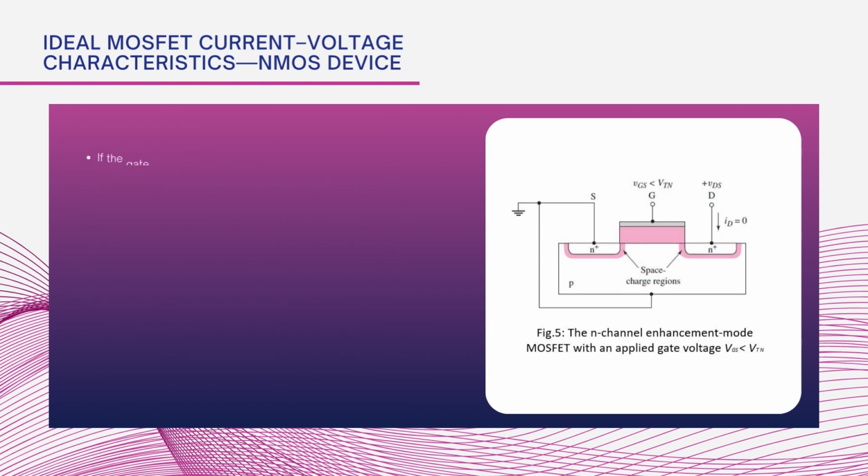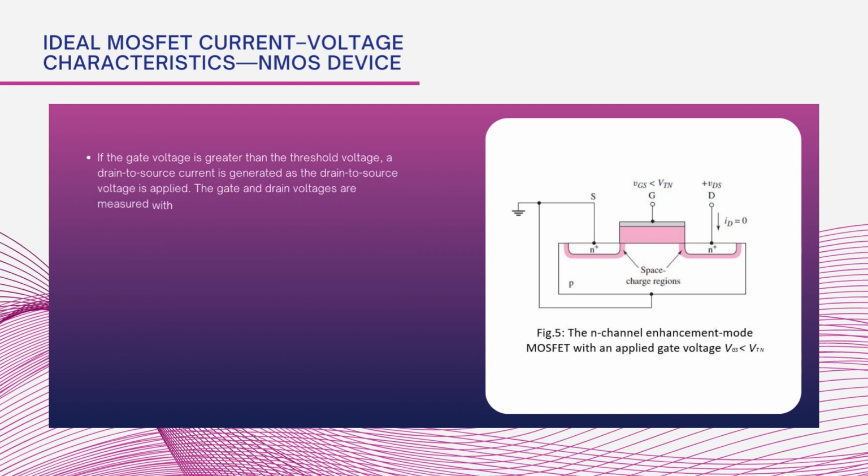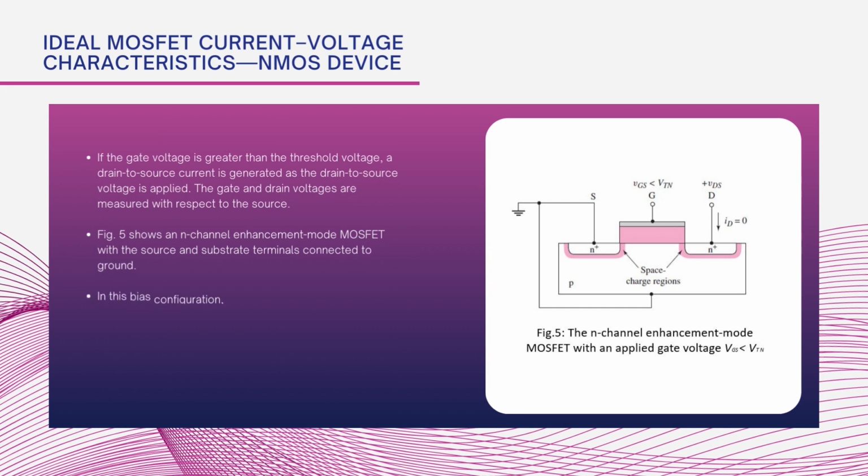If the gate voltage is greater than the threshold voltage, a drain to source current is generated as the drain to source voltage is applied. The gate and drain voltages are measured with respect to the source.